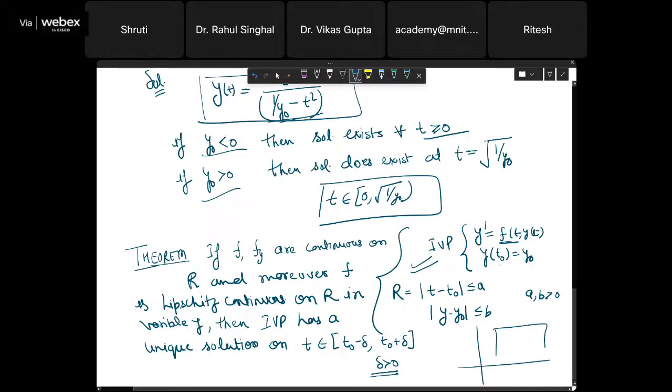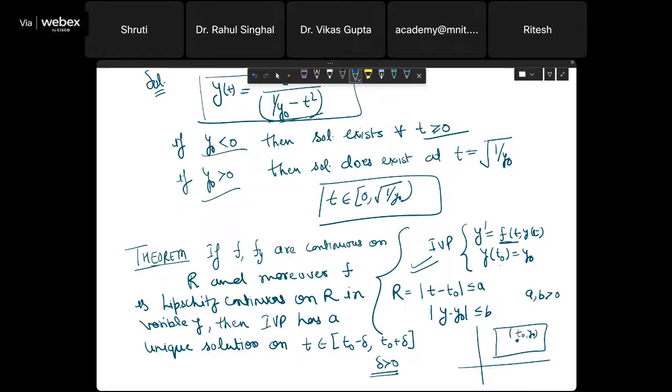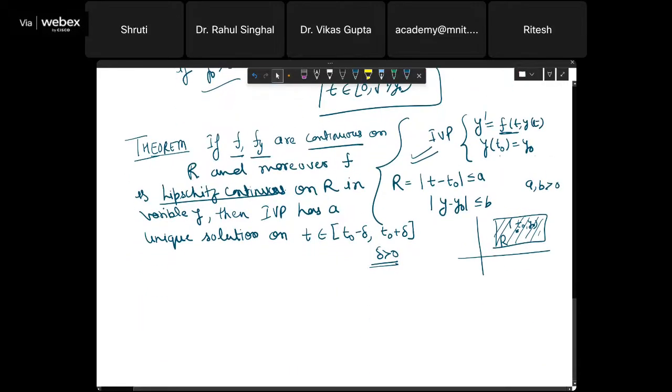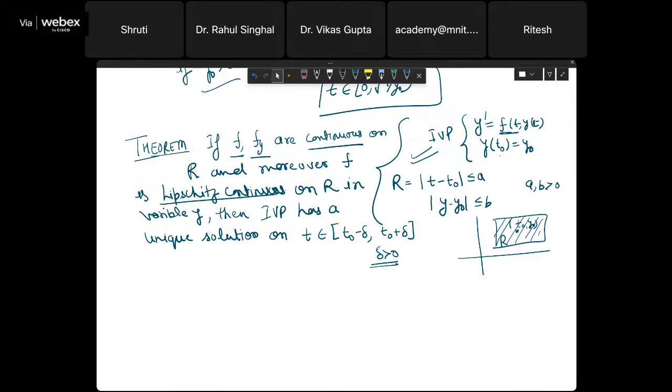So this is the rectangular domain, and this is your initial point t naught, y naught, about which I am taking this domain R. So in this whole domain R, we cannot assure the existence of a unique solution, but in the neighborhood of t naught, y naught, we have the assurance of the existence of a unique solution under the condition that f and f sub y are continuous and f is further Lipschitz continuous. So this is the known result. This guarantees us the local existence of the unique solution of the initial value problem, right?